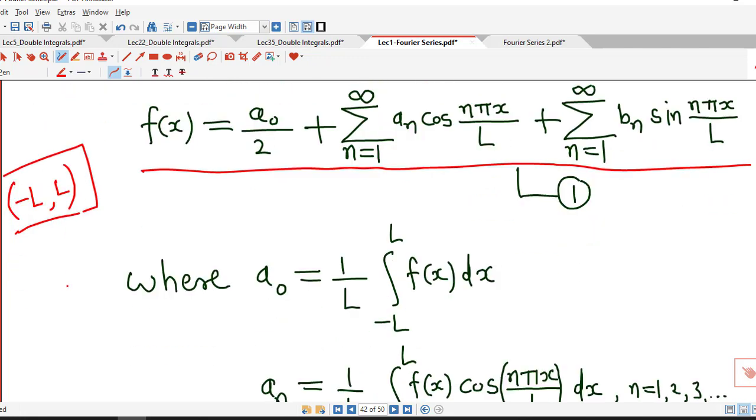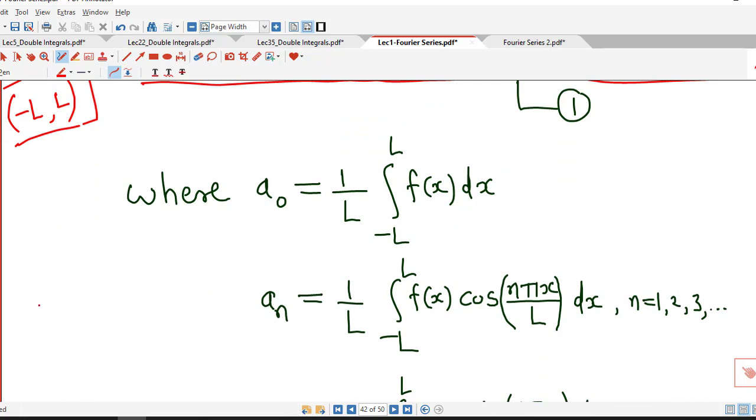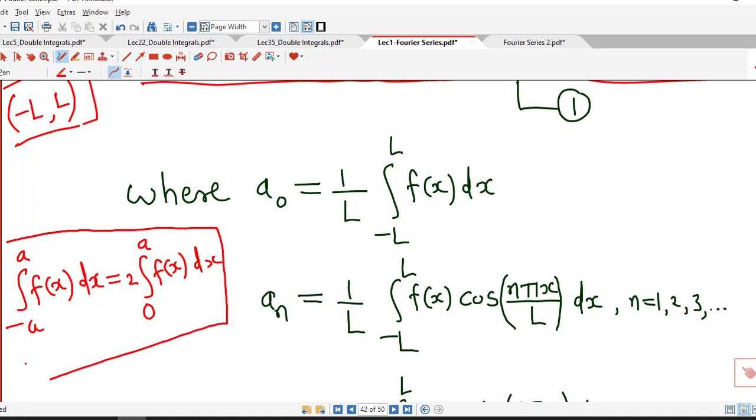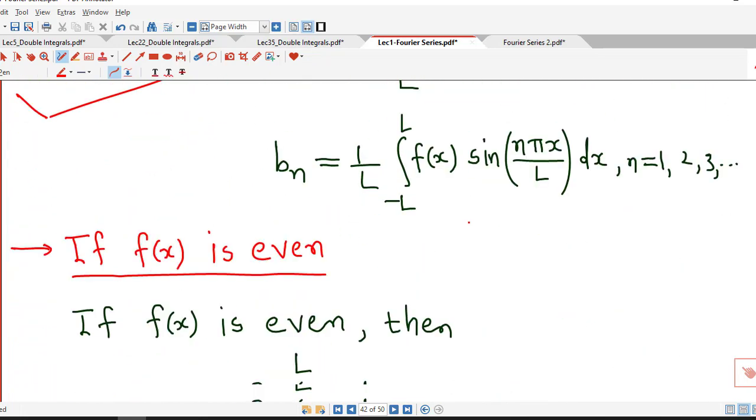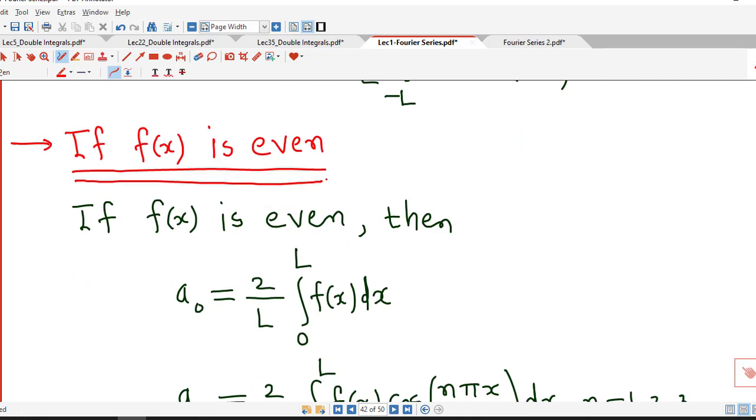Now suppose our function is an even function. Then we know that if f(x) is even, the integral from -a to a of f(x) dx is equal to 2 times the integral from 0 to a of f(x) dx. We consider two cases; the first case is f(x) even. Then the integral from -L to L of f(x) dx equals 2 times the integral from 0 to L of f(x) dx, and since we have 1/L, this becomes 2/L.